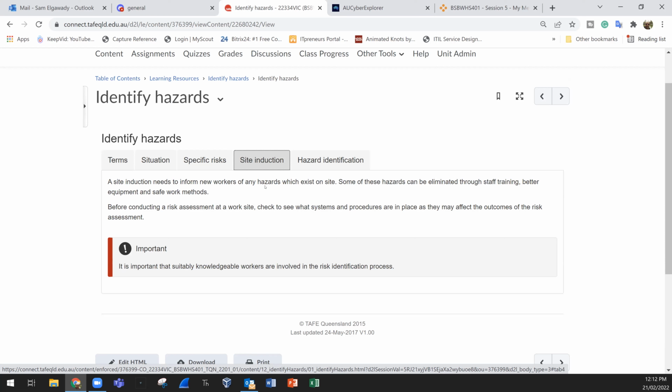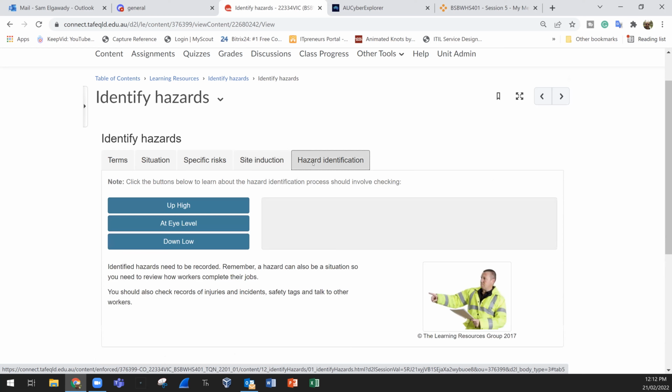As discussed, we will have site induction. We will discuss that, and always there will be site induction, so we can identify hazards.